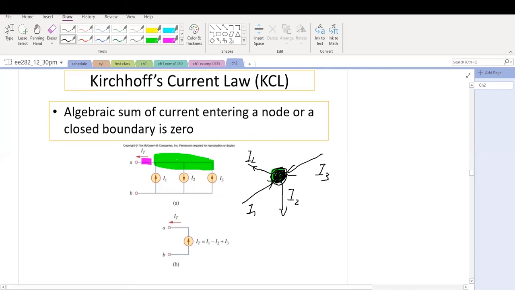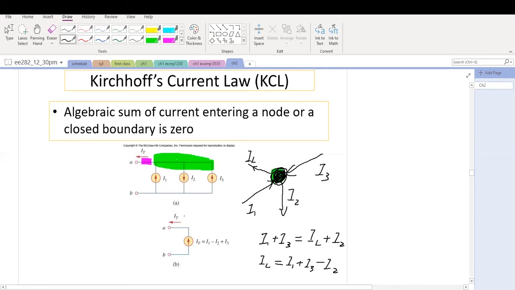KCL means that all the currents flowing into the node equal all the currents flowing out of the node. So which ones flow into the node? I1 plus I3. What currents flow out of the node? IL plus I2. So IL equals I1 plus I3 minus I2.